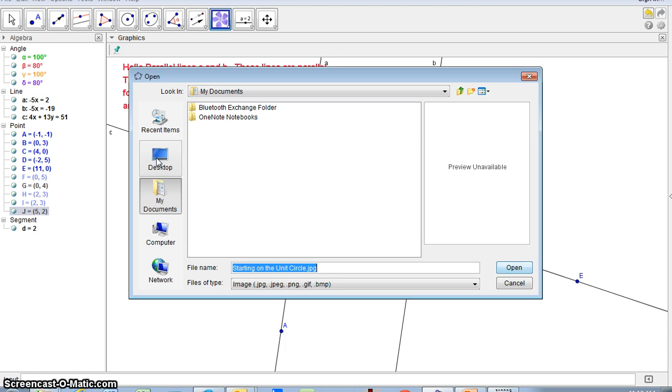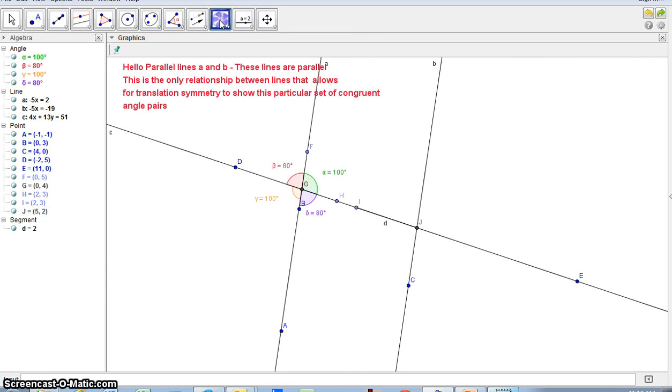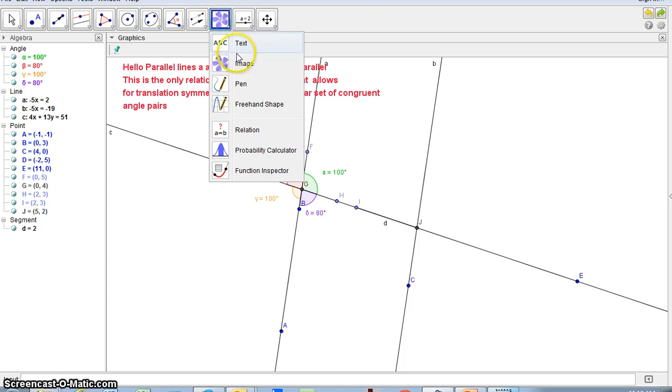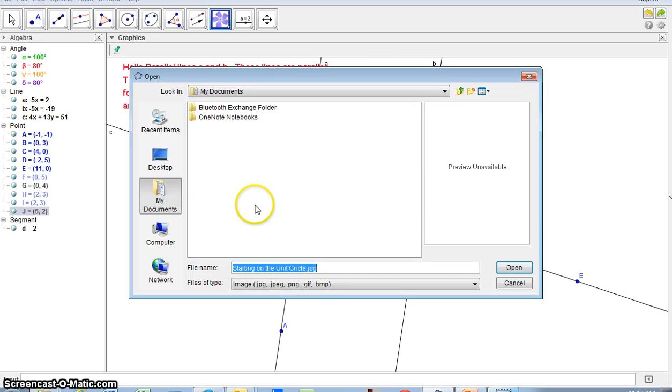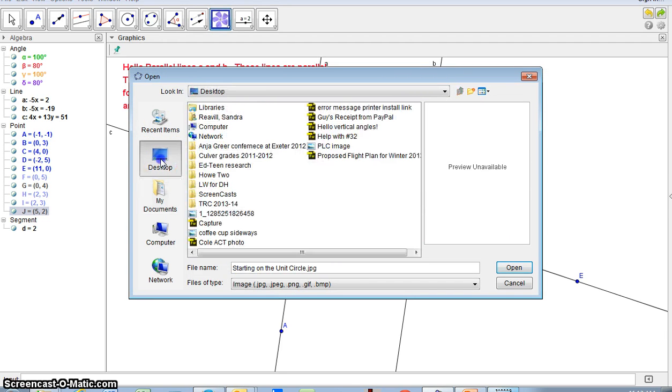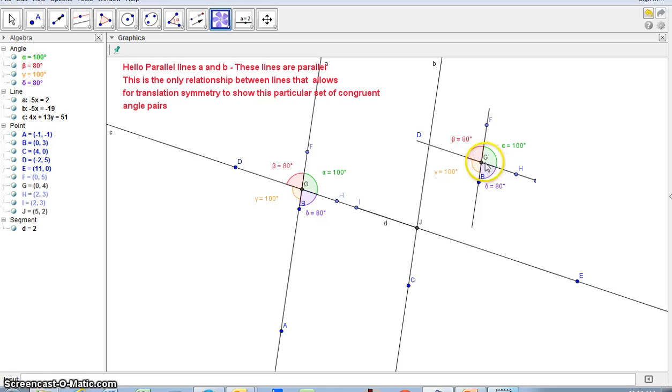Okay. I got an idea. Let's use the image tool to insert an image here that I have saved on my desktop, and it's called Hello Vertical Angles.